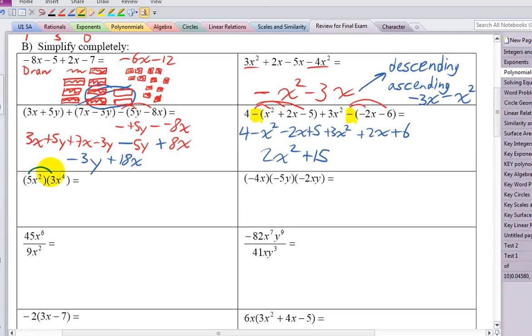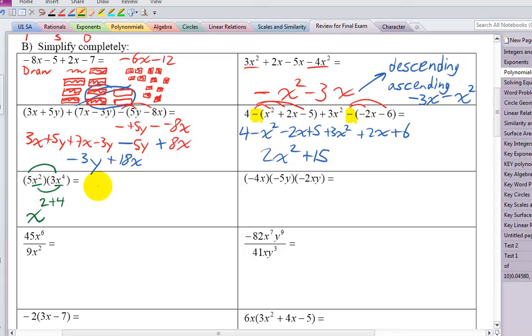Okay, next one, multiplying. So we multiply our coefficients, and we also multiply our letters. So on the x, 2 plus 4. Why did I go 2 plus 4? Yeah, that's the rule. What kind of rule is it? Exponent rule, right? When you multiply the same base, add the exponents.